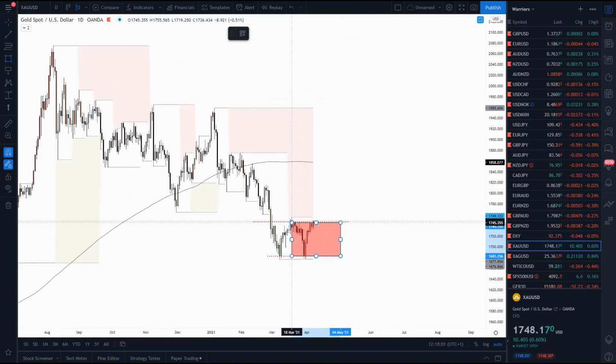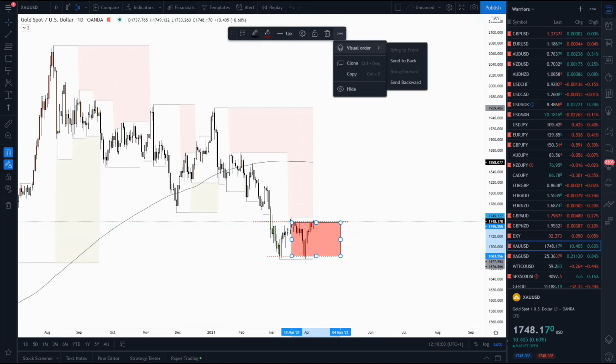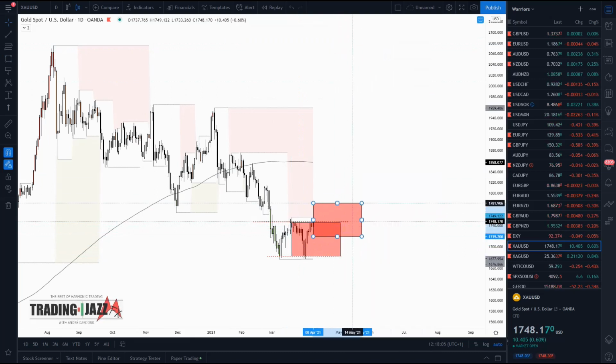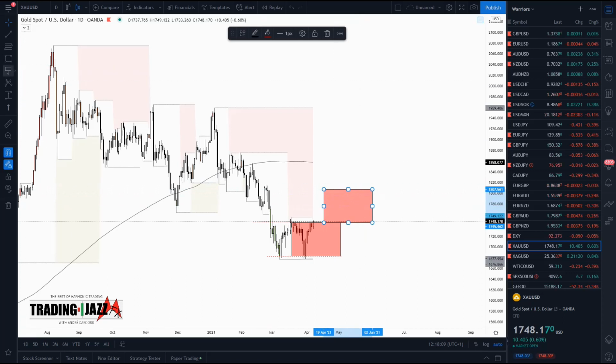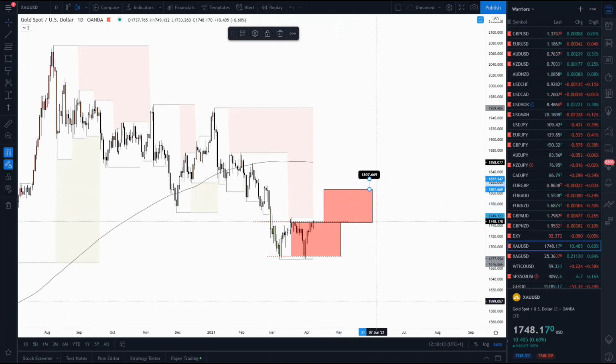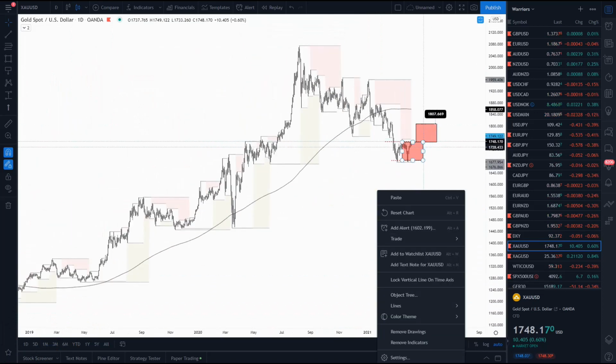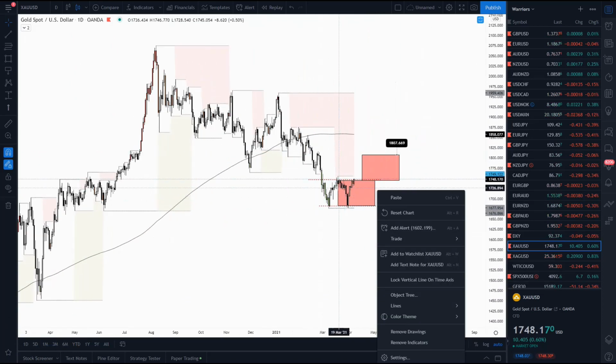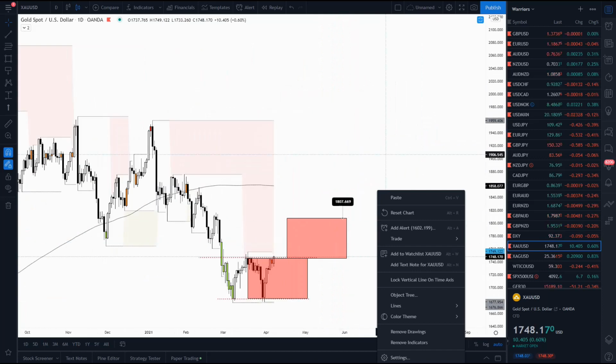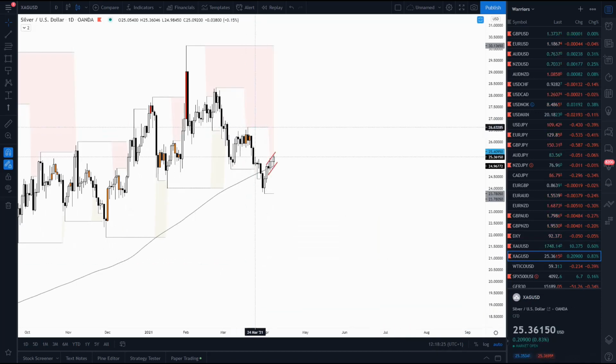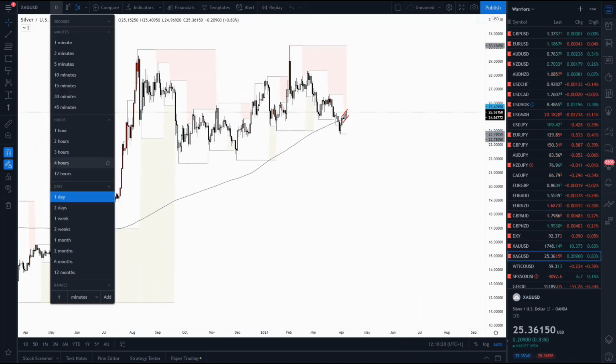A simple way to project the default target for that pattern is to clone the same distance between the close prices of the structure below, and that will give you a default target zone for that specific technical double bottom. For now, I believe the violation of these lows should trigger the pattern.